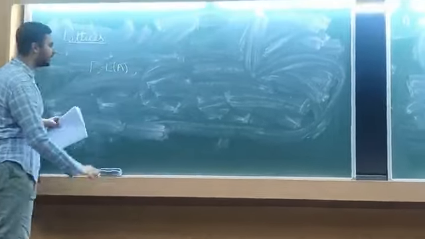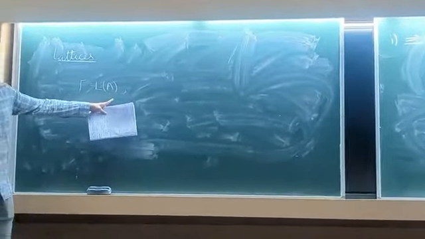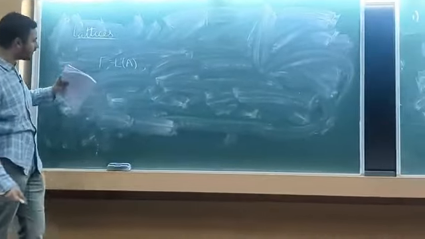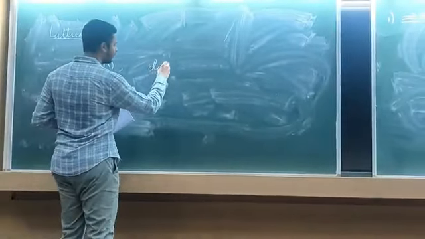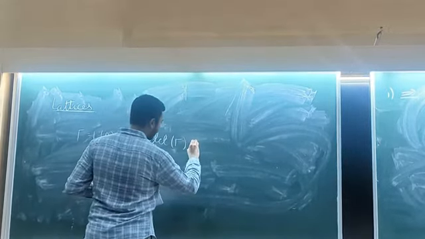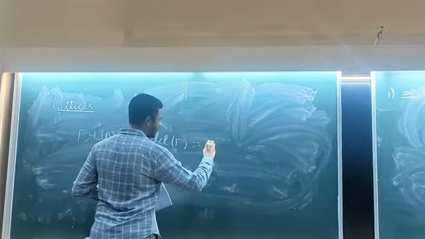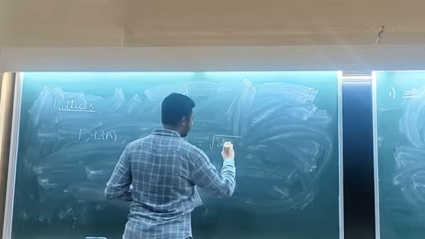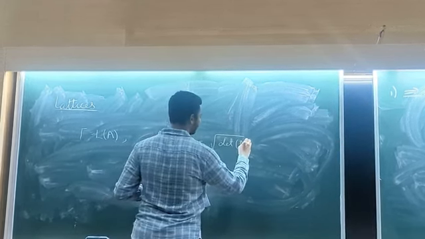We have already defined determinants for matrices. Now we'll define determinants for lattices. What is det of gamma? That is defined as the square root of the determinant of A transpose A.